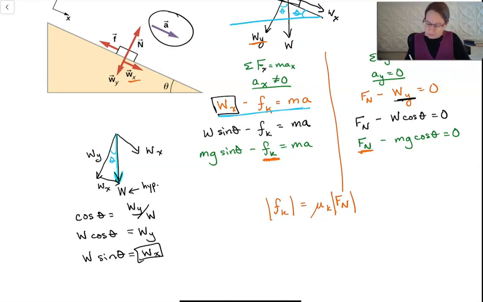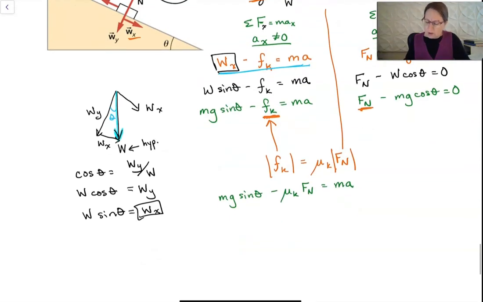So if I substitute this right in here, I get mg sine theta minus mu sub k, the coefficient of friction, times the normal force, is equal to ma. Then I can solve the other equation for the normal force: the normal force equals mg cosine of theta, and I can substitute that in for my normal force right there.